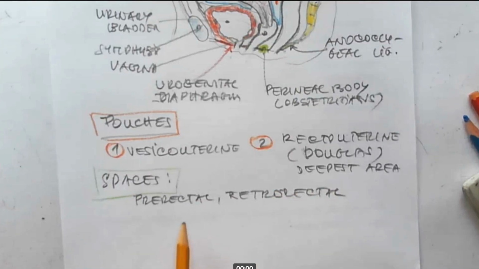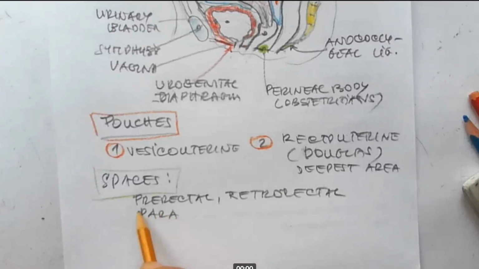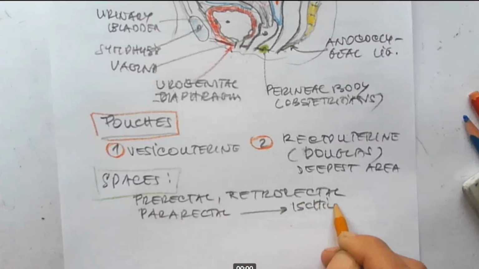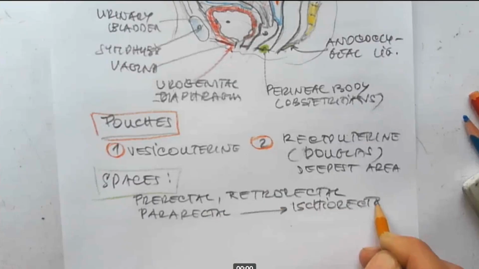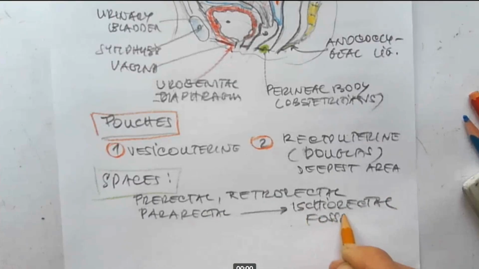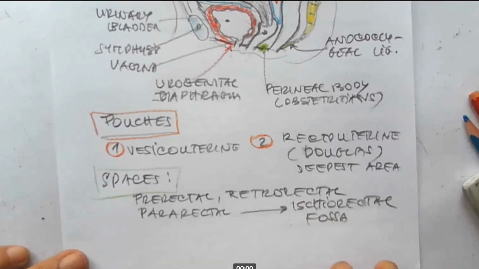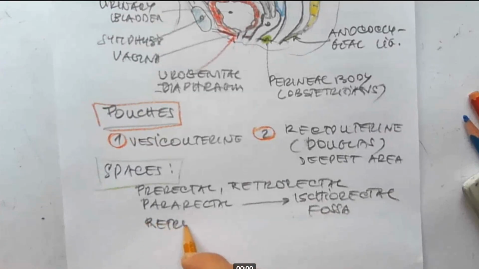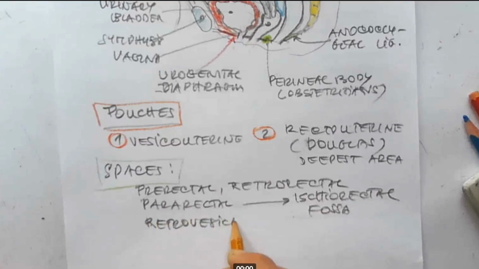Then pararectal, but para is usually named the ischiorectal fossa, or ischioanal fossa, and we will speak about it. Also retrovesical, etc. Retro- and prevesical space.